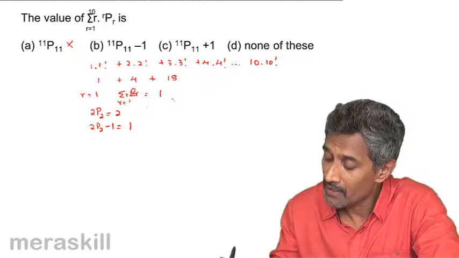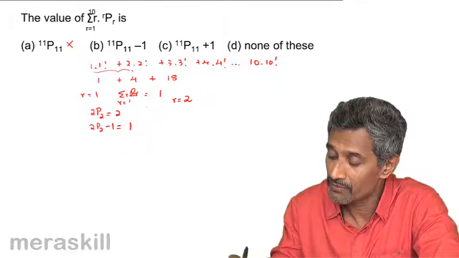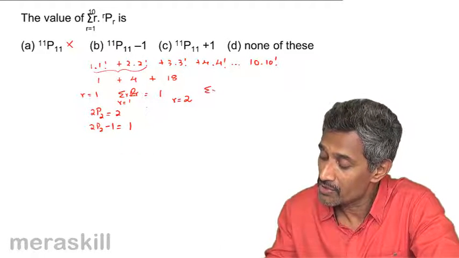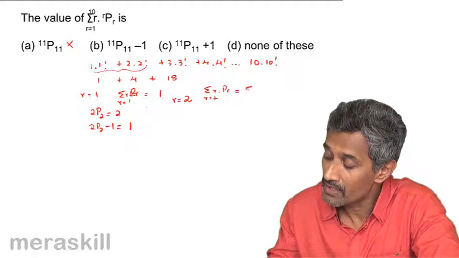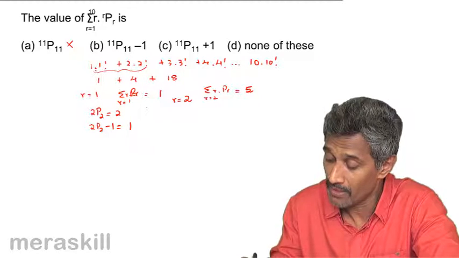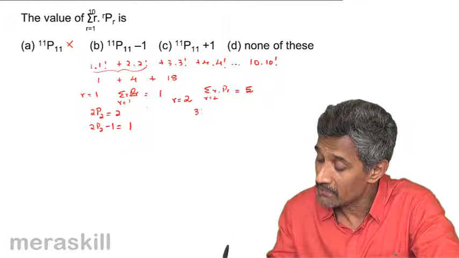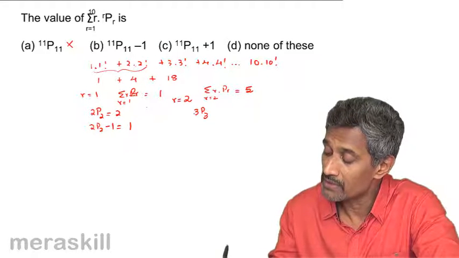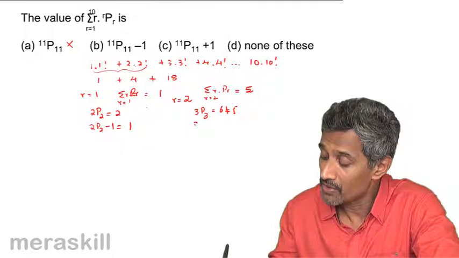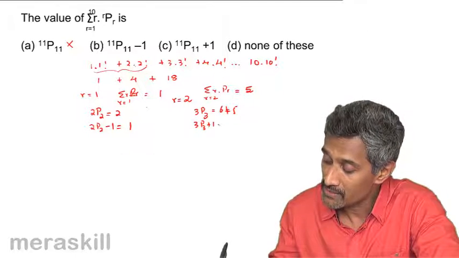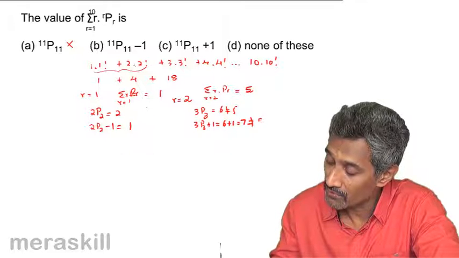Suppose R is 2, then the summation of R into RPR when R is 2 turns out to be 5. That is 1 plus 4, 5. So we'll see 3P3. 3P3 will turn out to be 3 factorial, which is 6, which is not 5. 3P3 plus 1 is 6 plus 1, which is 7, which is also not 5.